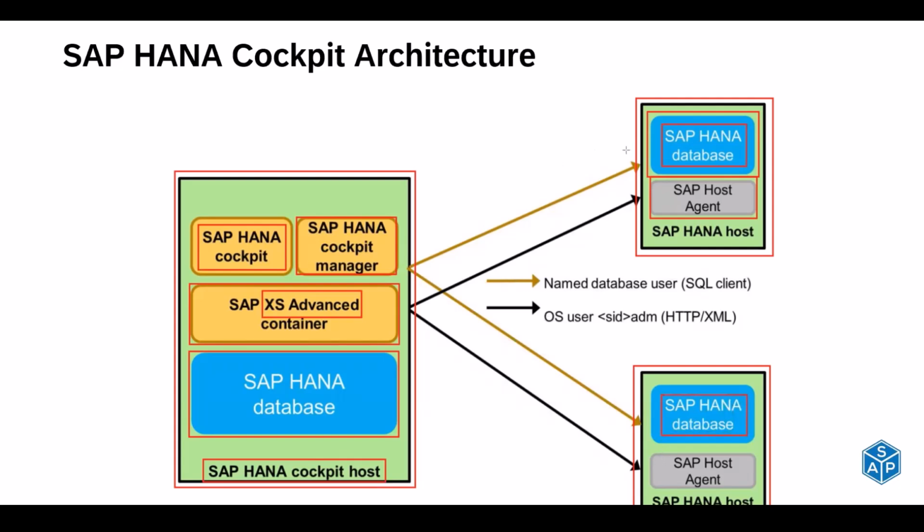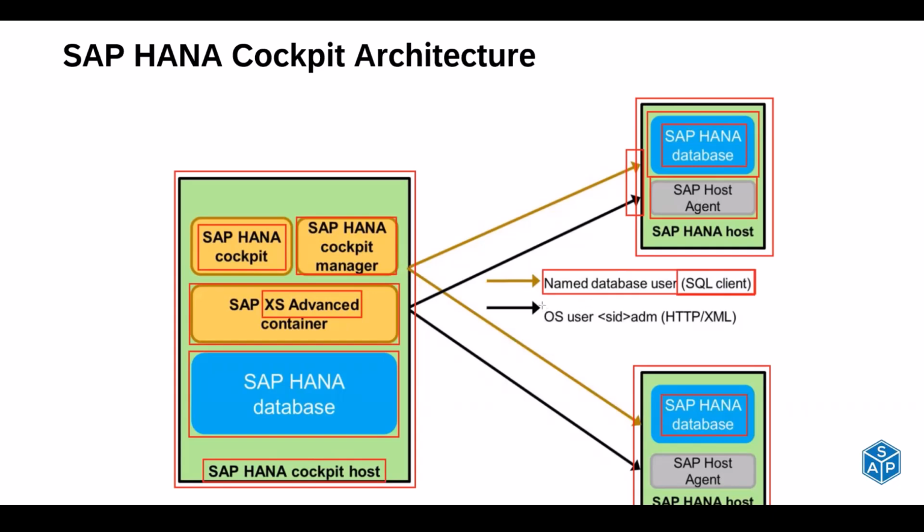Then you have two interfaces for connecting to your HANA database. The first one is through your SQL client. When you connect through the SQL client, it will connect to your SAP HANA database, so all the SQL queries will go to your HANA database.